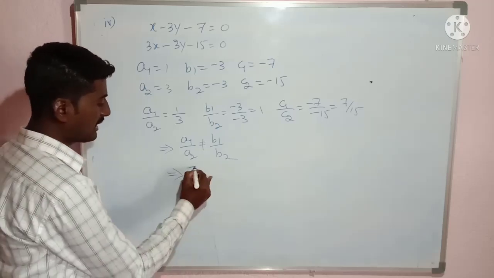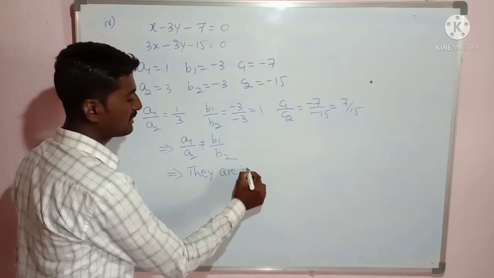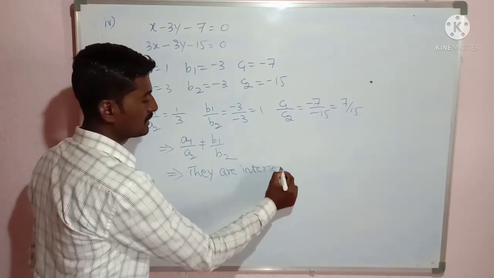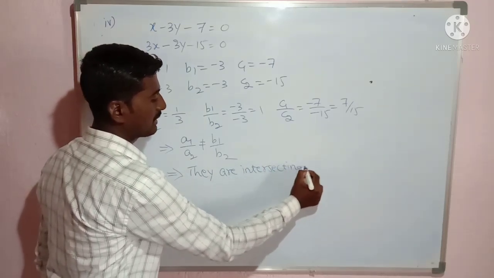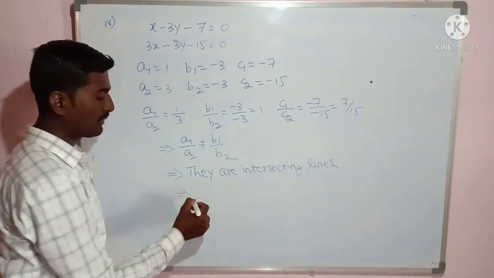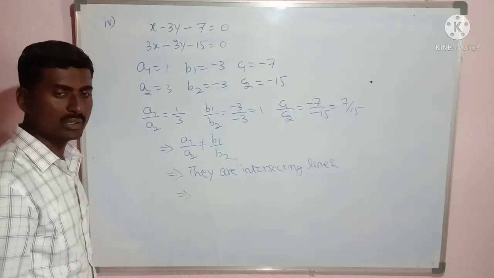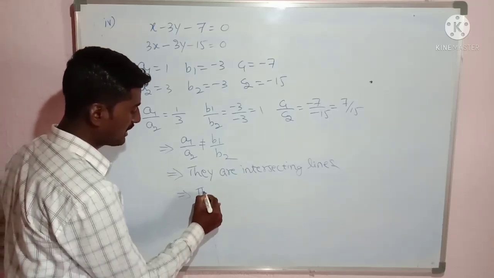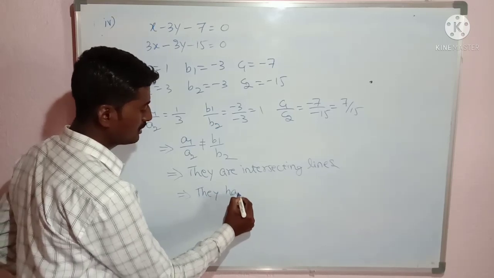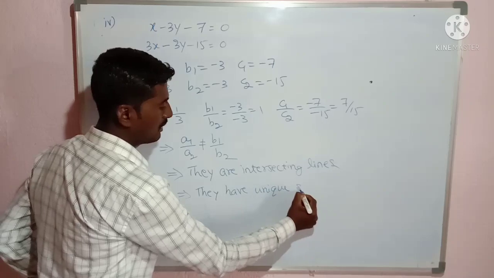We can write they are intersecting lines. If they are intersecting lines, then what can we say about the solution? They have a unique solution, or only one solution.